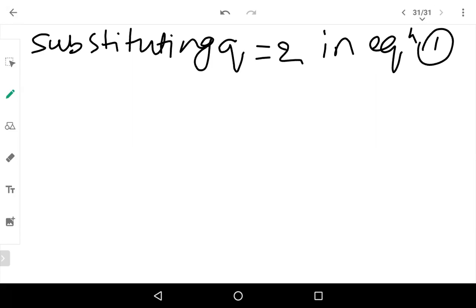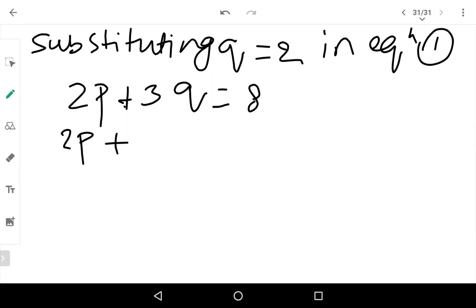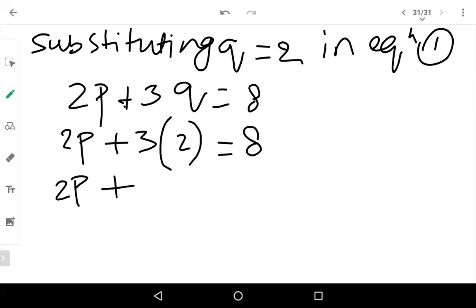What is equation 1? 2p plus 3q is equal to 8. Okay. So 2p plus 3 into q is 2, right? So is equal to 8. 2p plus 3 2s are 6 is equal to 8. Are you all able to follow? Am I going fast or is this okay?